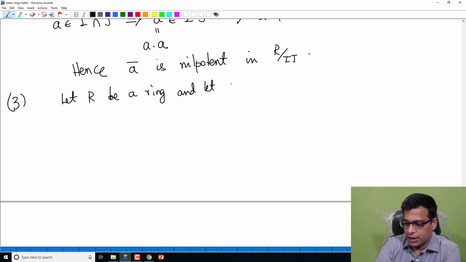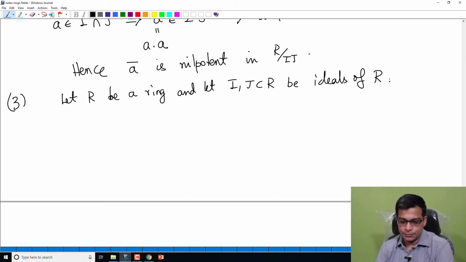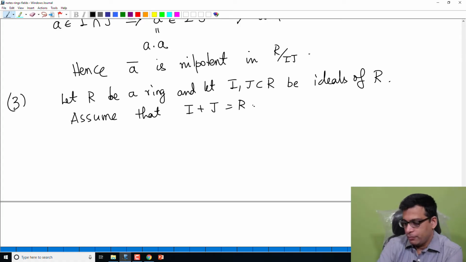And let I and J be two ideals of R. So I have a ring and two ideals of R. Now I am assuming something about these two ideals. Assume that I plus J is R. And again, just like the product of two ideals, we have also learned about the sum of two ideals. And what is the sum? So recall.